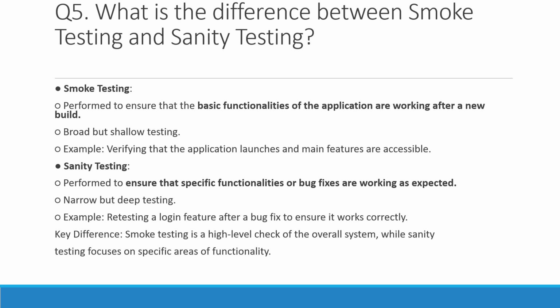Sanity testing, a narrow but deep check focusing on specific functionalities or bug fixes. For example, retesting a login feature after a fix. In summary, smoke testing is a high level system check, while sanity testing drills into specific areas.